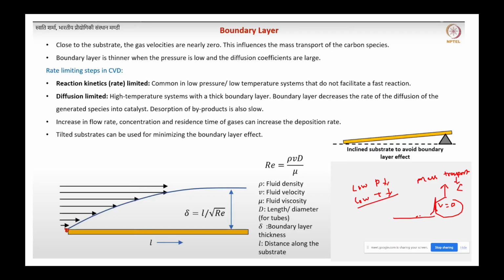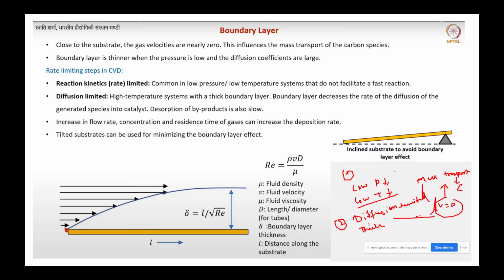And the second is diffusion limited. Here the temperature will be high in a system with a thick boundary. Here the boundary will be thin, but here your boundary will also be thick.